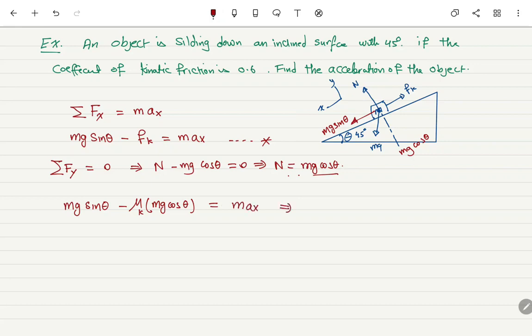You simplify this equation, you will get g sine theta minus mu k g cosine theta equal to ax. By substituting the numbers in this equation, you will get ax equal to 2.8 meters per second squared.